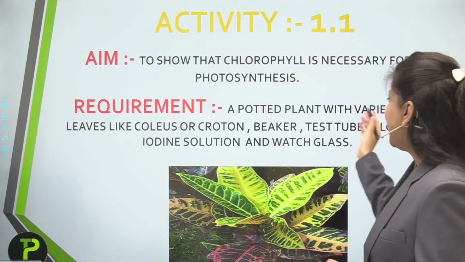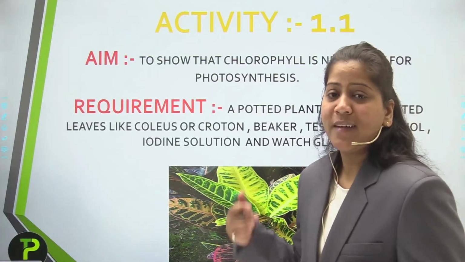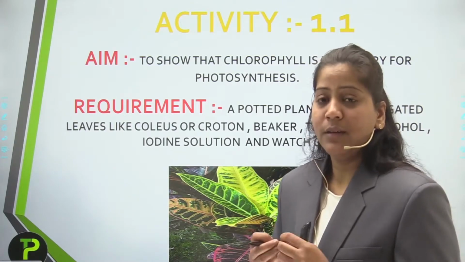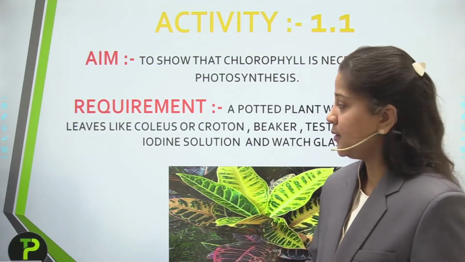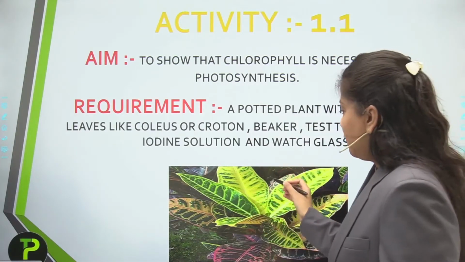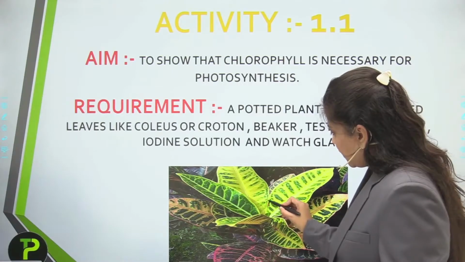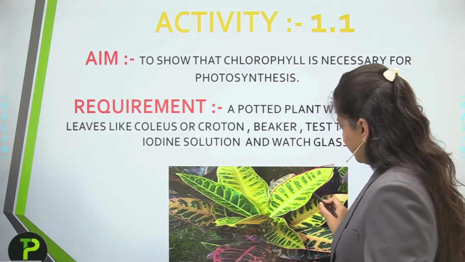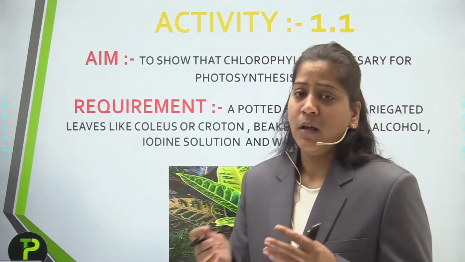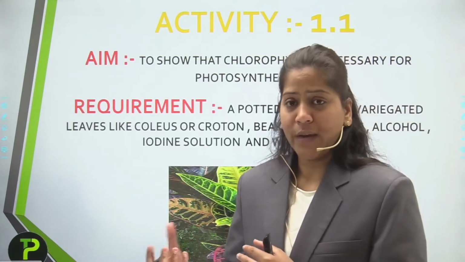Now what are variegated leaves? We are doing this experiment to show that chlorophyll is really needed for photosynthesis, so we need a variegated plant or variegated leaves. Variegated leaves are nothing but differently colored leaves, meaning parts of the leaves have different colors, yellow or red or green.